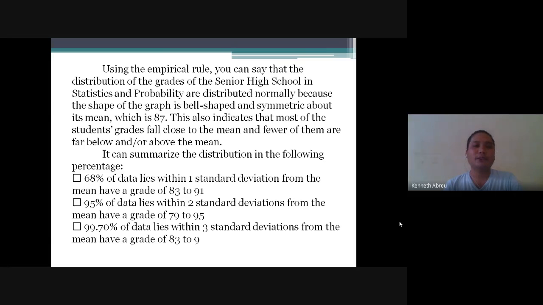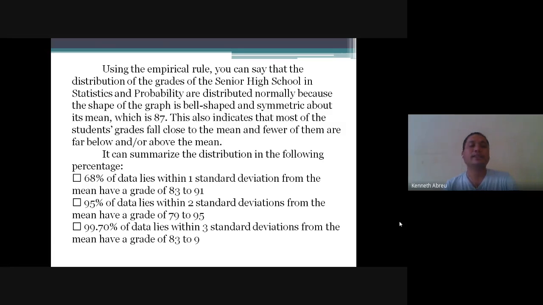Using the empirical rule, you can say that the distribution of the grades of the senior high school students in statistics and probability are distributed normally because the shape of the graph is bell-shaped and symmetric about its mean, which is 87. This also indicates that most of the grades fall close to the mean and fewer of them are far below and far above the mean.